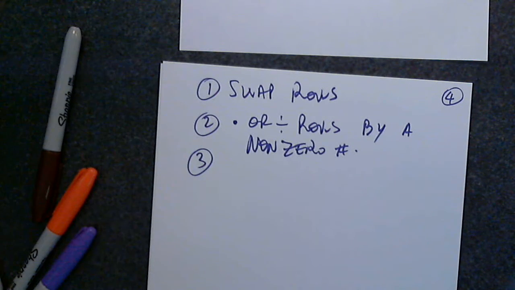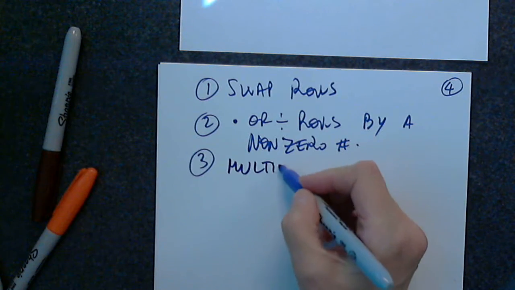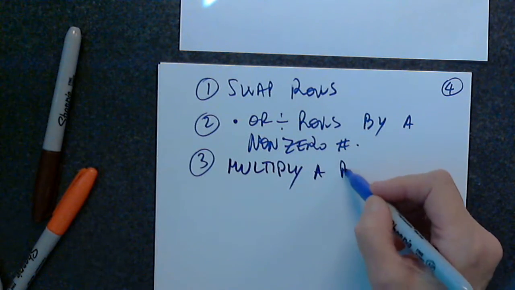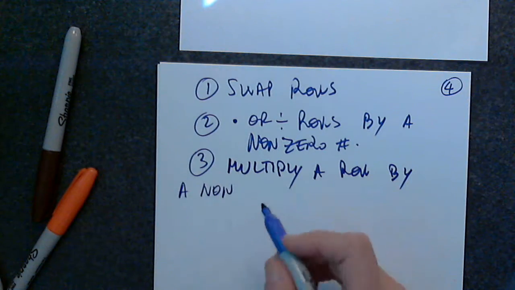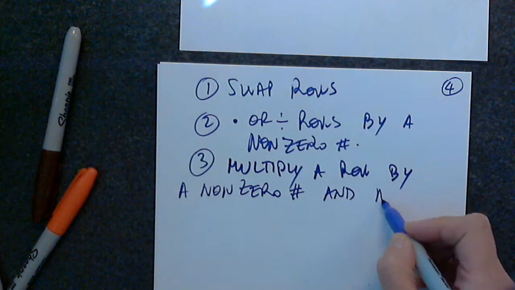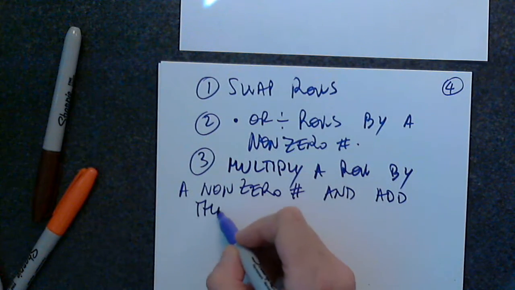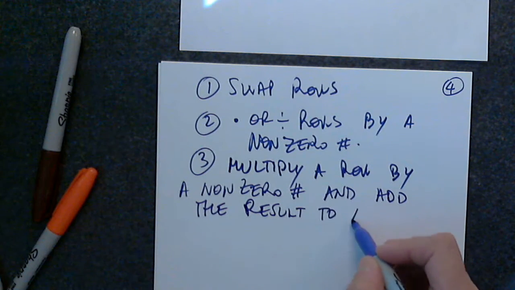It's coming from elimination. So let's write it down, and this is the third operation. Multiply a row by a non-zero, it cannot be zero, non-zero number, and add the result to another row.